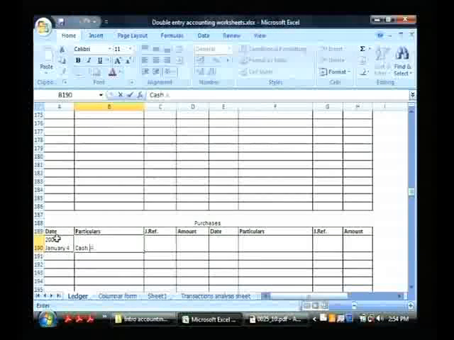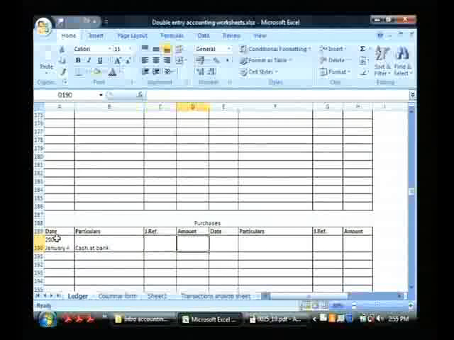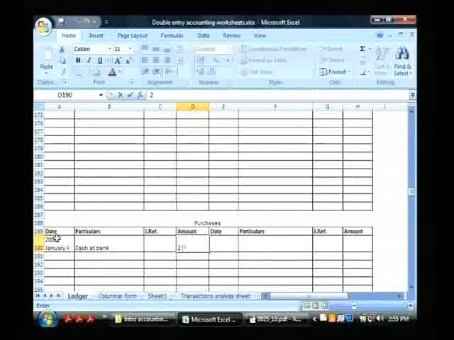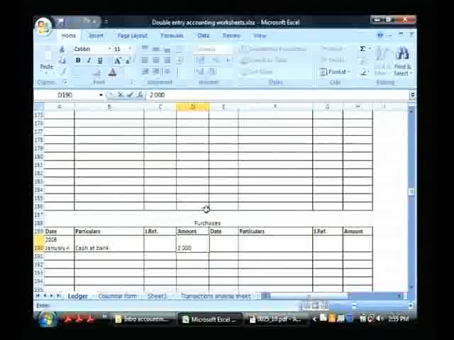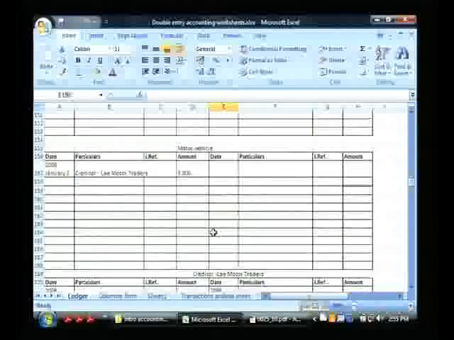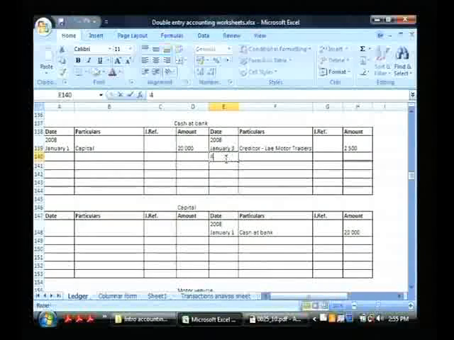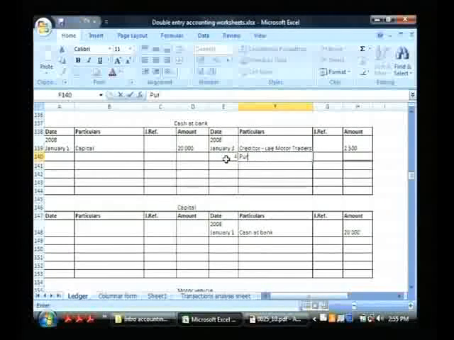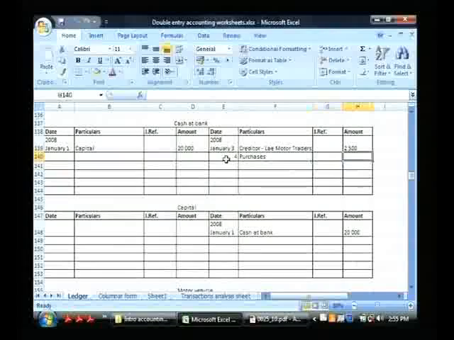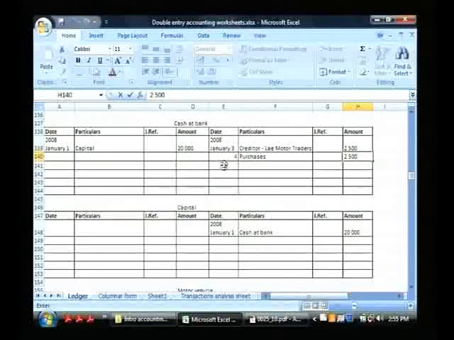Cash at bank credit 2,000. Purchases debit, it is January 4th. Purchases 2,500.